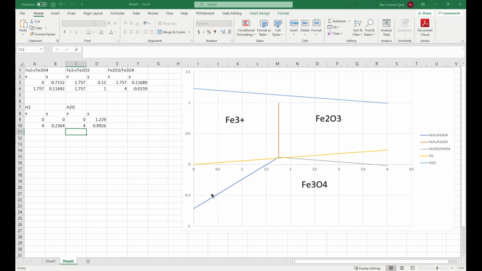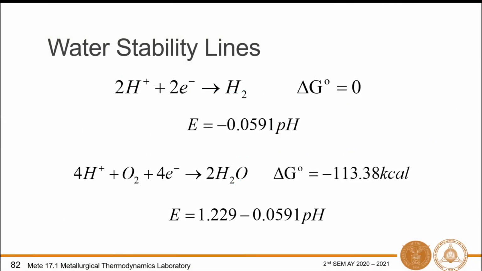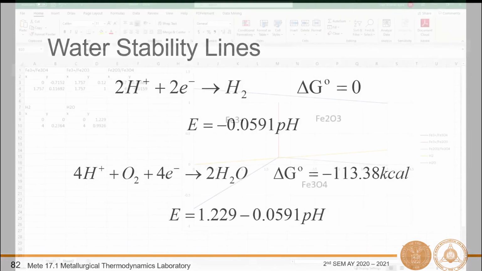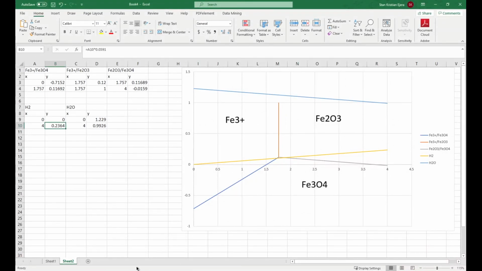Okay. So, may something wrong. Okay, I know now. Kasi ang ginawa ko is 0.0591 times pero negative to, no? Kasi if you look at it, dito sa water stability lines, negative yung slope dapat. Negative 0.0591. Nakalimutan ko lang yung negative sign. Okay, so balik tayo. So this becomes negative. Let's just drag it down. Yeah. So makes much more sense.